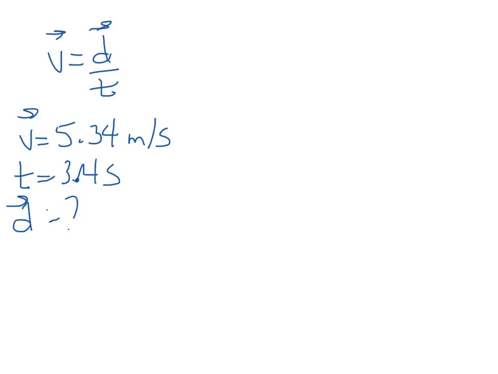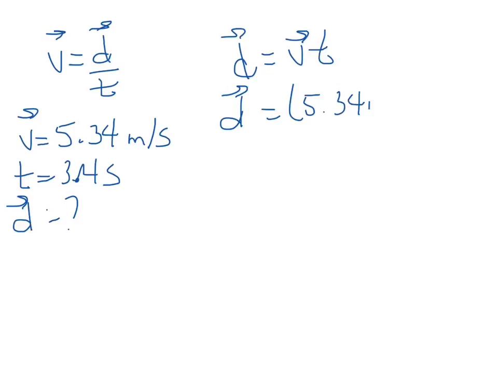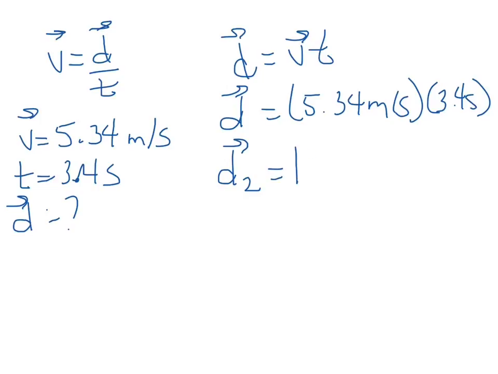If we rearrange that equation, we would get D equals V times T. So let's go ahead and put our information in. So 5.34 meters per second times 3.4 seconds. So this is going to be her displacement for the second part of the motion. So we get 18.1 meters forward. So that is that constant speed displacement.